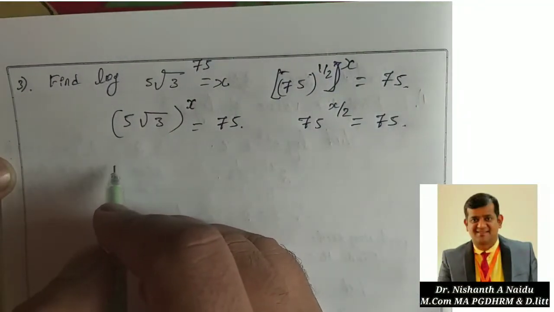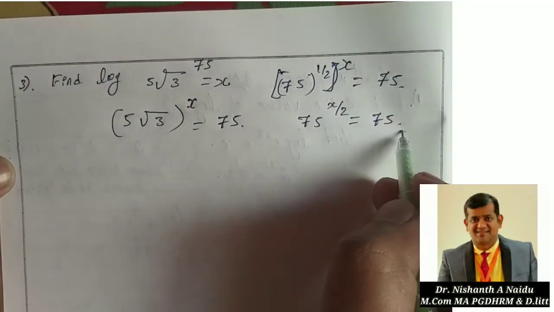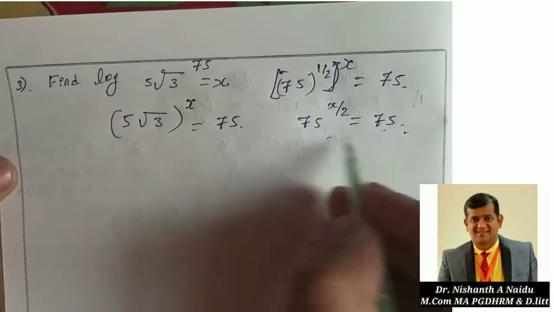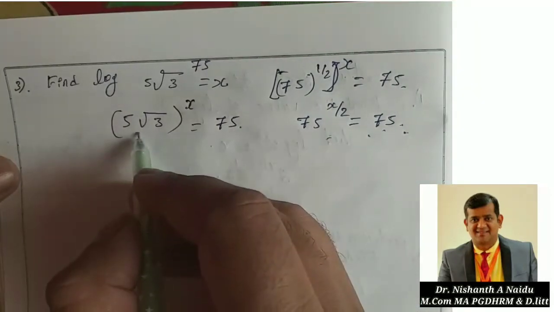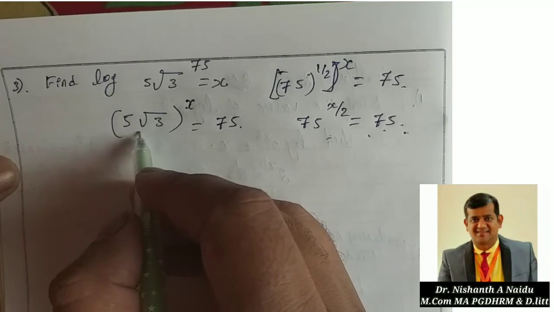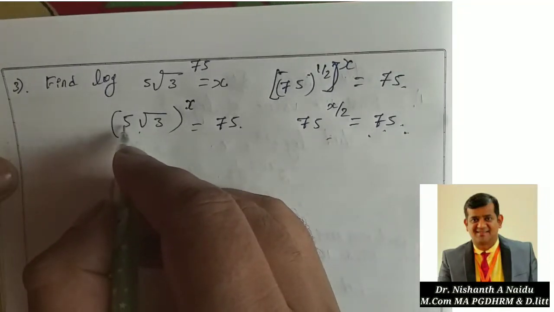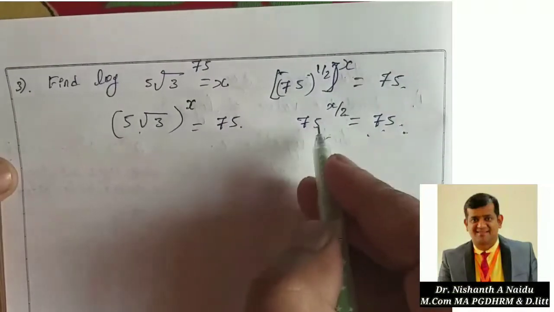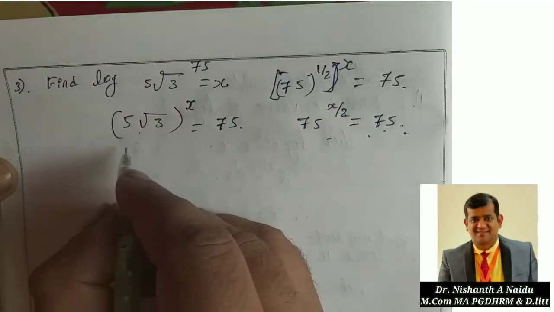So in the next, you have bases equal, powers can be equated. Before that, let us go here and complete it. So that is 5, as 2 is there, so that becomes 25, correct?